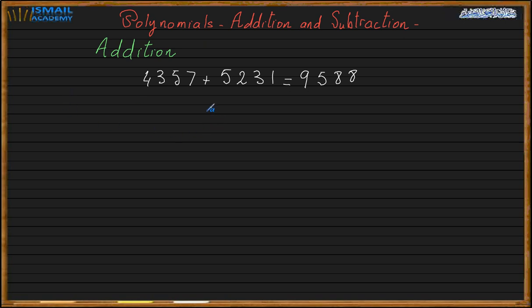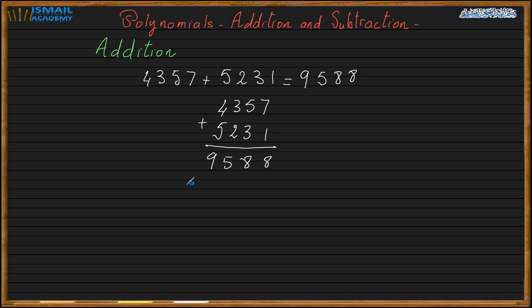The same thing when you do it vertically: you put 4, 3, 5, 7, and under each similar quantity, you put the quantity that is similar to that one. So I put here 1, this is 3, this is 2, this is 5. And after that, you add. So it becomes 8, 8, 5, and 9.